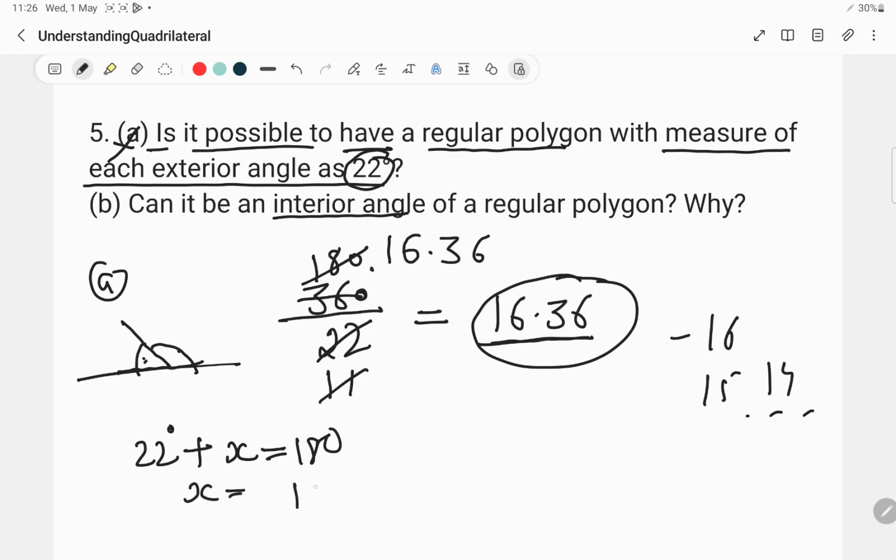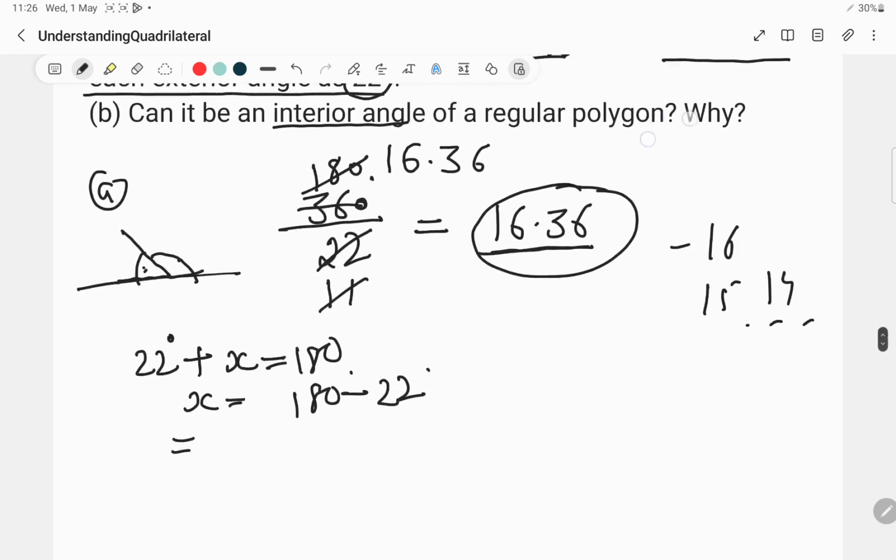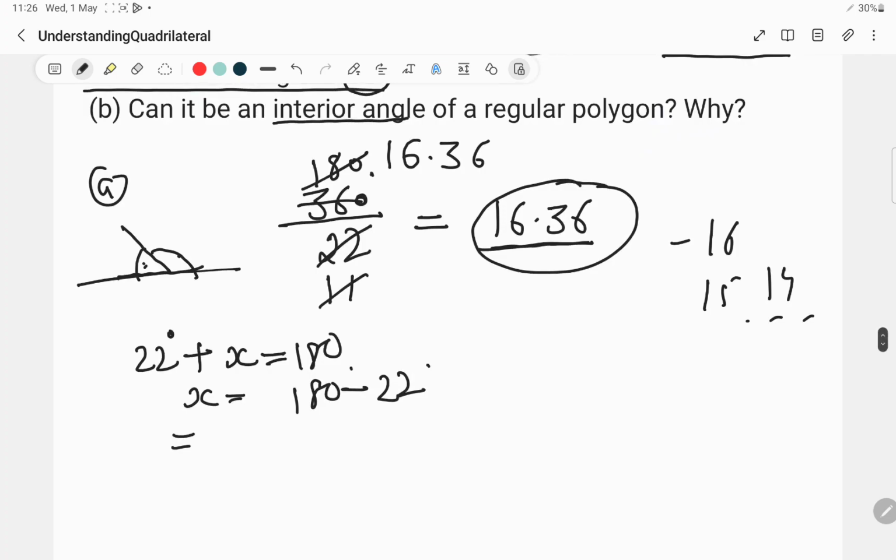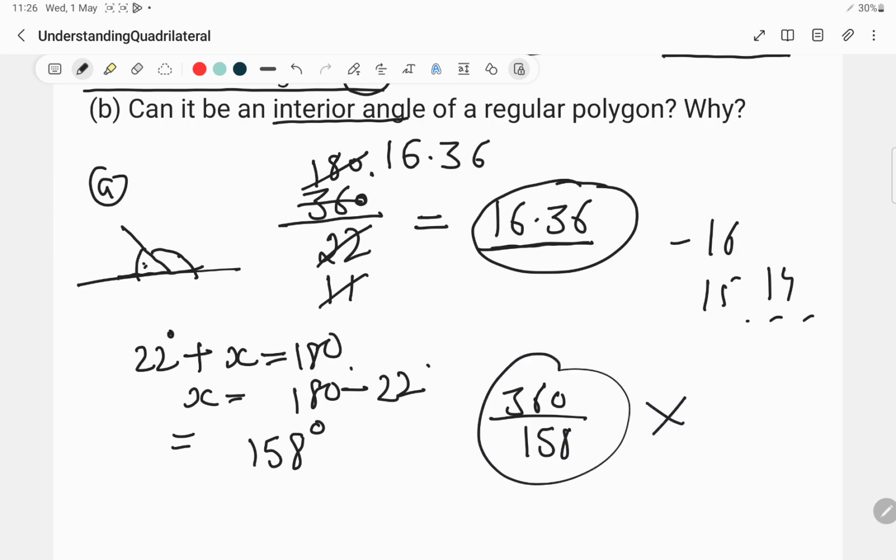So x will be equal to 180 minus 22 degrees. Students, remember, putting degrees is very important, so don't forget to put the degrees. It will be equal to 158 degrees. Now if 158 degrees, we cannot have a regular polygon with each exterior angle 158, because like in this question 360 is not divisible exactly by 158. So the answer of both this A and B part will be no.